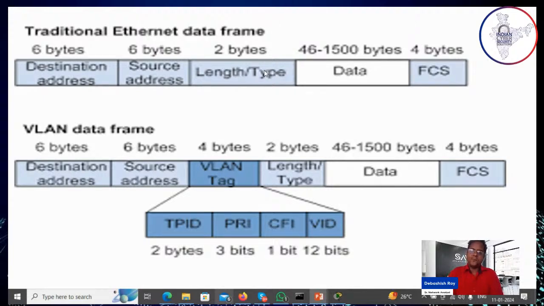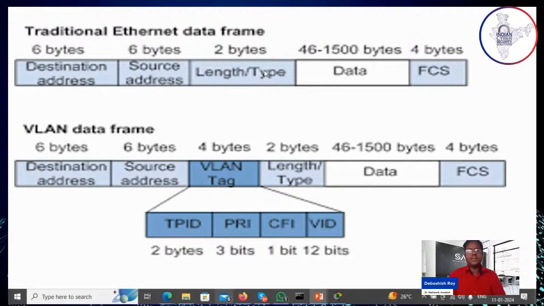Now, VLAN information is actually inserted in this Ethernet data link layer frame. So there is the destination address, the source MAC address, and before the length or type field, you have the VLAN tag of 4 bytes. So within that Ethernet frame, you encapsulate the VLAN data frame and it is tagged.